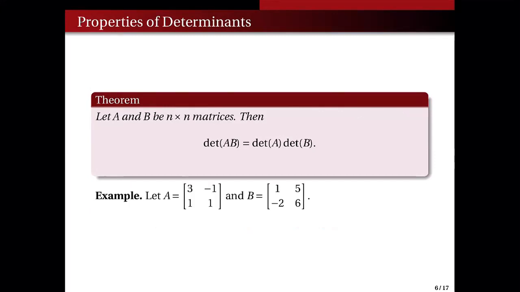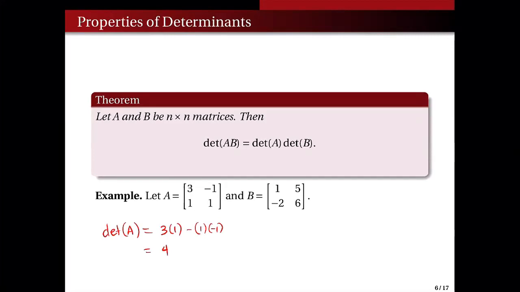Let's do that here. Let's find the determinant of A. In here, your matrix A is 3, negative 1, 1, 1. So this will be 3 times 1 minus 1 times negative 1. So this is equal to 4.